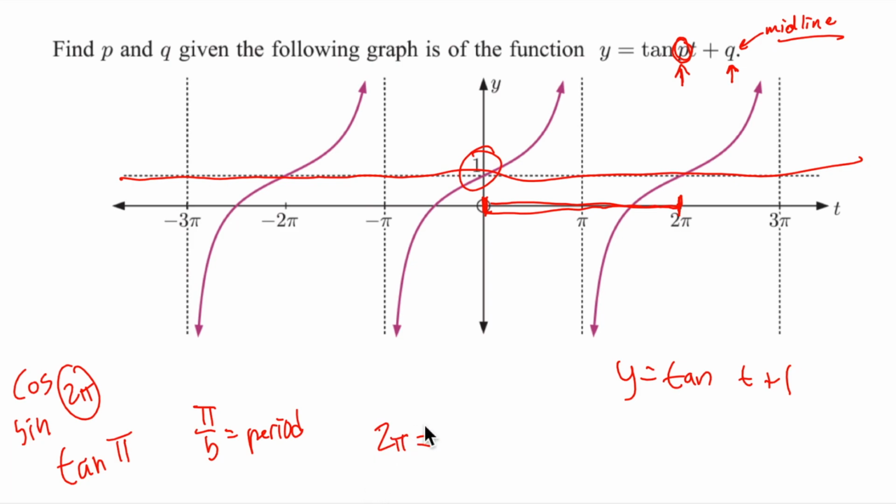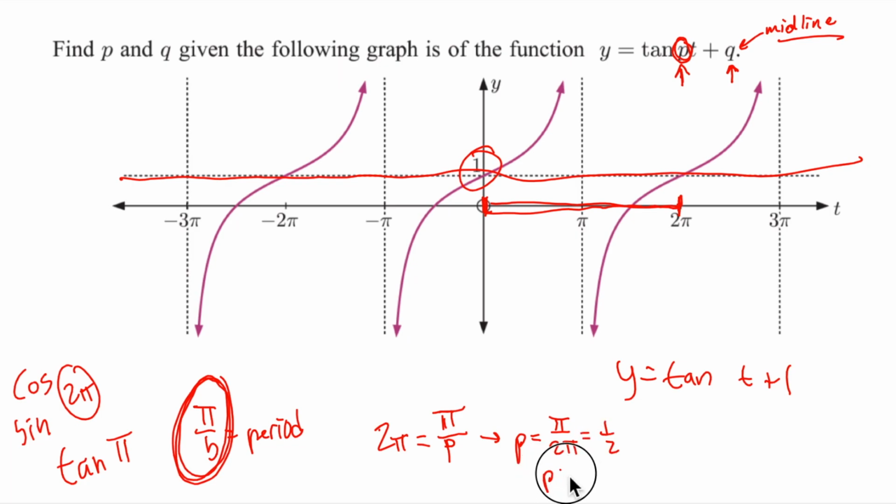That is our period, equals, and to find the period of tangent, it's pi over b, instead of b here, we have p. We got to find p. So, if we just do our algebra, p equals pi over 2 pi. You know, just switch the two sides. And then I'll end up with 1/2. So p equals 1/2. So I'll put 1/2 here.